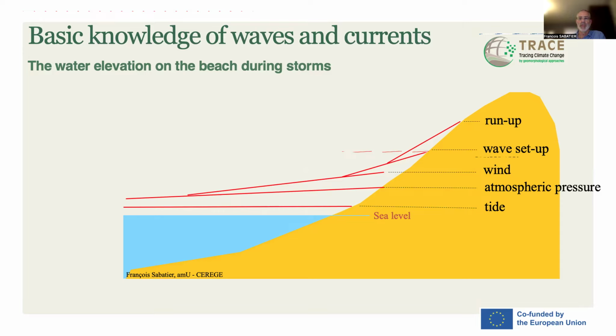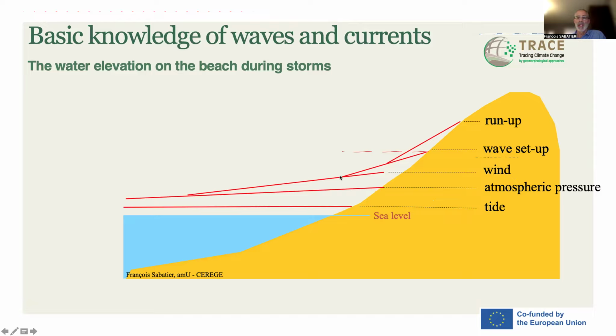And during a storm surge, the atmospheric pressure is down, and there are strong winds. So the result is an elevation of the water level with the pressure and with the wind. Another process is the wave setup.